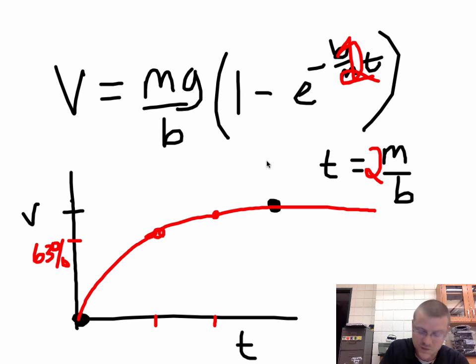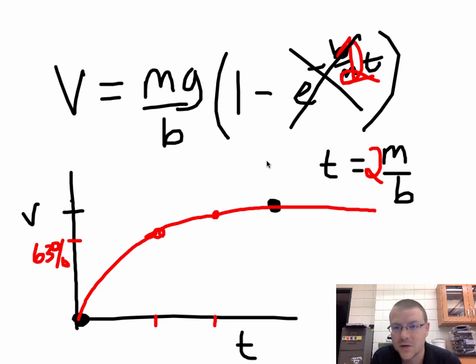Eventually, the longer time goes, I can eliminate that e to the negative b over m t term, and you just get your maximum speed of mg over b. So this is how you set up a drag force equation, or a differential equation, in trying to solve for something as time goes on. The velocity changes every single second, which means the drag force changes every single second as well.